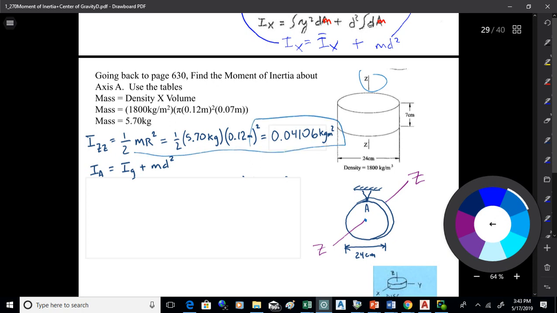That's the 0.04106. Now if I want to find I sub a, I'm going to take that number and add the mass of the disk times the offset distance squared. That's what I would do.